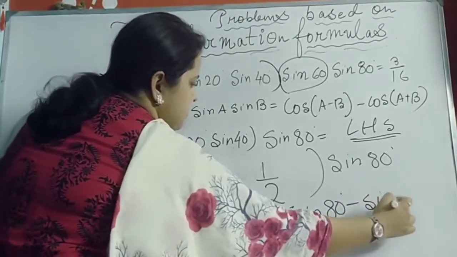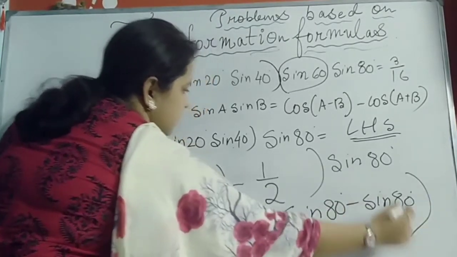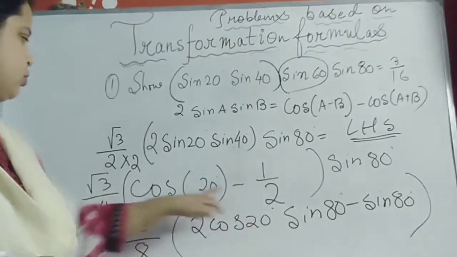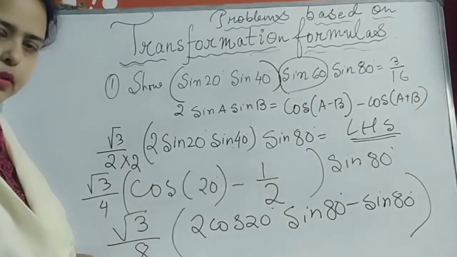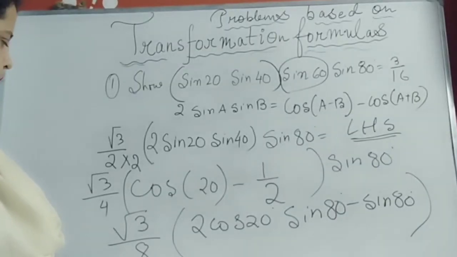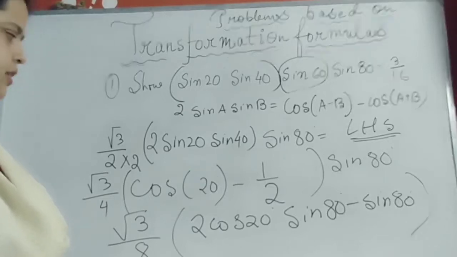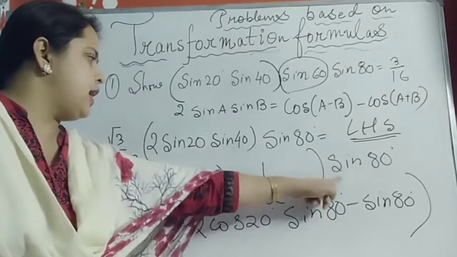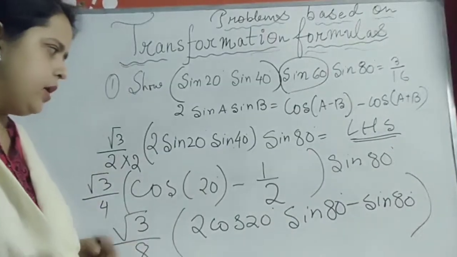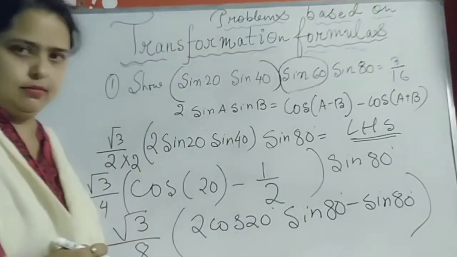A very simple multiplication of sine 80 inside. So this is 2 cos 20 minus 1. This 2 comes out as, okay, 4 into 2 as 8. Now this sine 80 multiplied by 2 cos 20 into sine 80 minus sine 80 into 1.